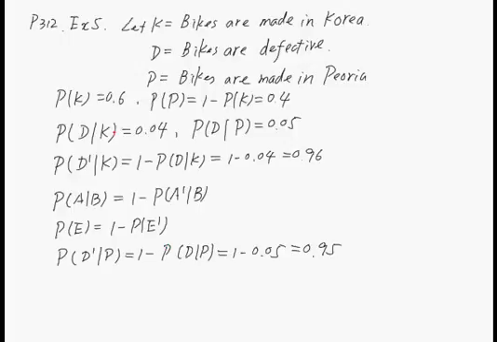Now let's look at the second stage. In this stage, we talk about the defects of the bags. If the bags are from Korea and the bags are defective, then we know this conditional probability, P of D given K, is equal to 0.04.